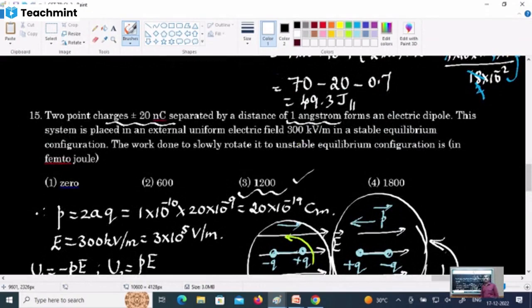So the answer among the four is 1200, answer number 3. With this, my dear students, I have come to precisely the end of electrostatics. Actually, I was supposed to take 3 sessions in these CET classes. However, because of certain pressing issues, I was not able to take up the first session. So I took the second and third.